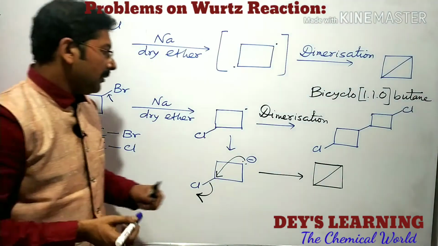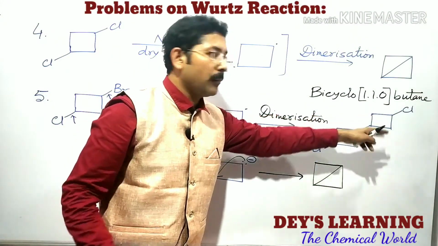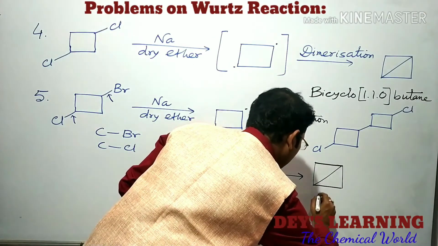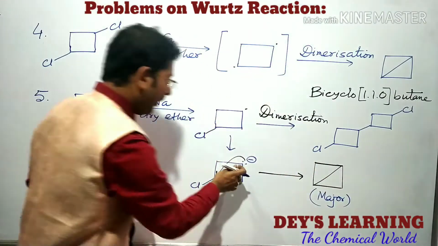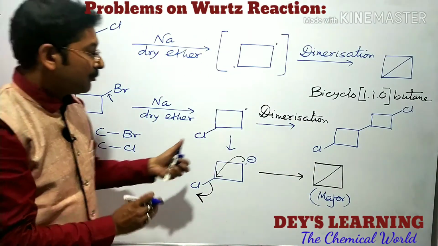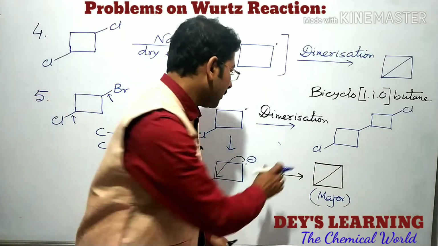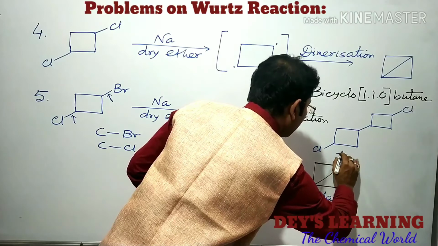Now probably this one is the major product, but this one will be produced to some extent, definitely. Probably this one is the major product, because this is an intramolecular reaction and this one is intermolecular dimerization. So probably this one is the major product and this one is the minor, but 2 products will be obtained definitely from here.